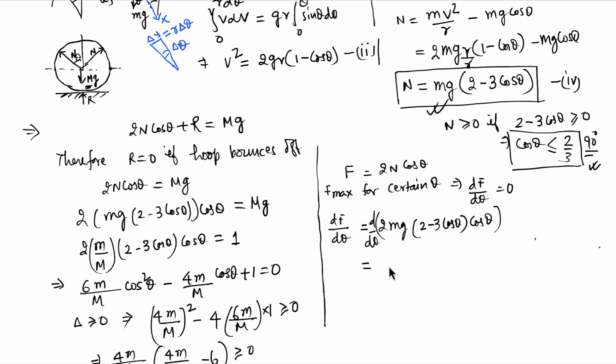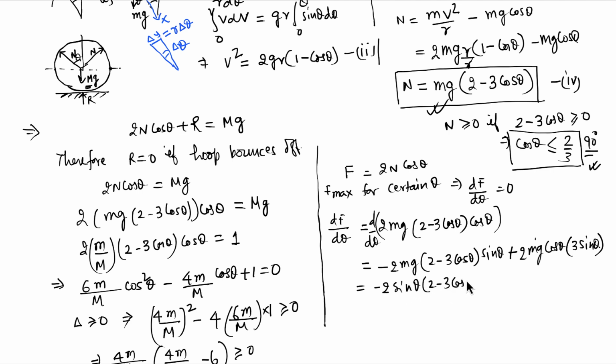And then we get minus 2 mg (2 minus 3 cos theta) sin theta plus 2 mg cos theta times 3 sin theta. This has minus 2 sin theta (2 minus 3 cos theta) plus 6 sin theta cos theta, mg outside.